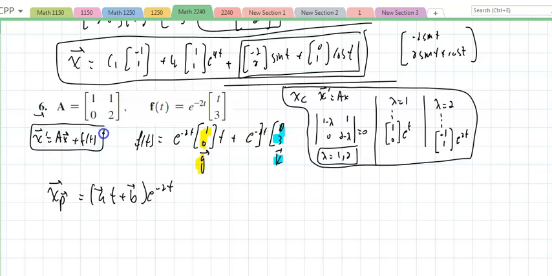And in our case, there's f of t, it's really right there. Oh, I missed one of those. I don't know how that happened.